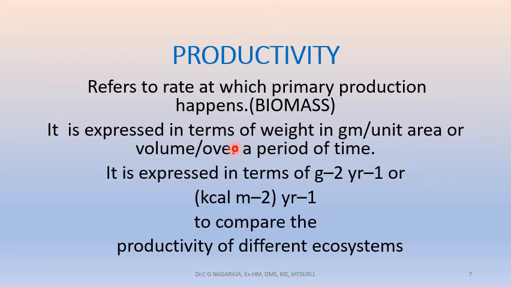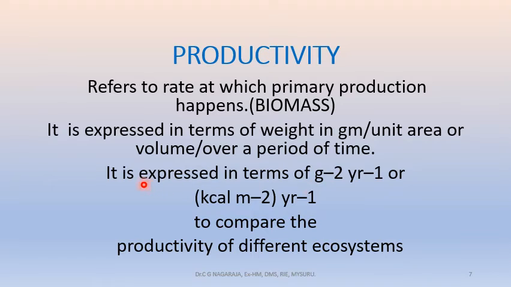We have only taken the unit area, how much it is exposed to, and then the period of time. For comparison purposes, it is always taken as gram per meter squared, that is the unit area, and the period of time is taken as 1 year completely.